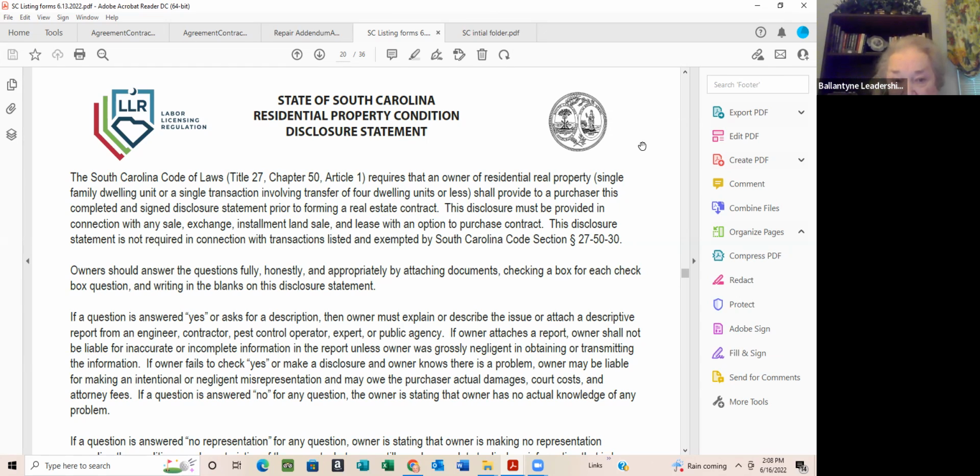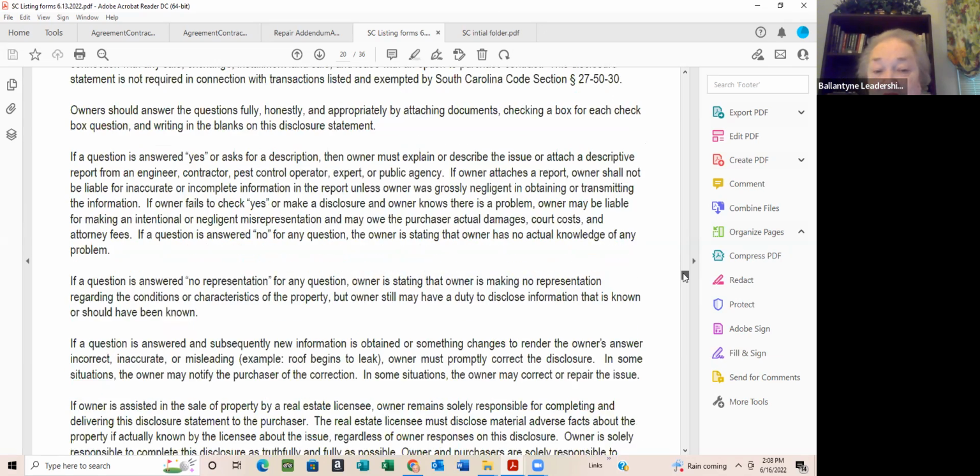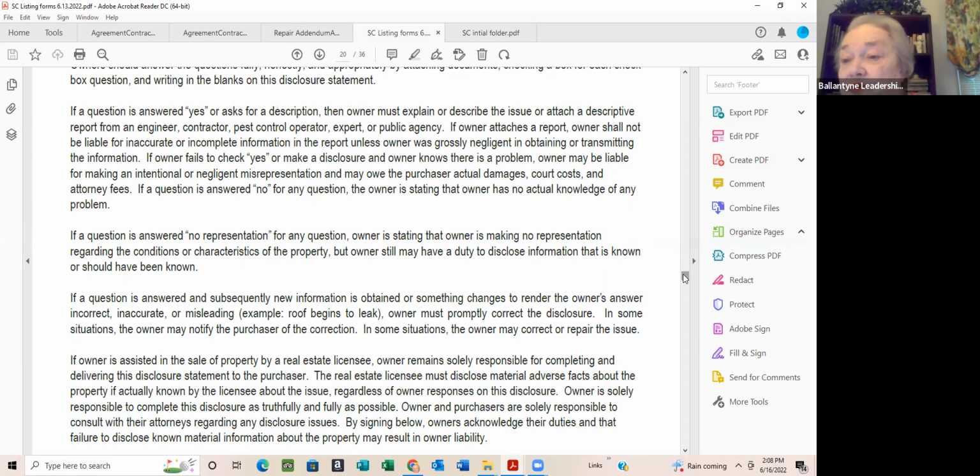Now, right here, owners should answer the questions fully, honestly, and appropriately by attaching documents, checking a box for each checkbox question, and writing in the blanks of the disclosure statement. Make sure the sellers understand that it is law that they are to present this with you or without you even. And this is one of the few forms that you can give to a for sale by owner.